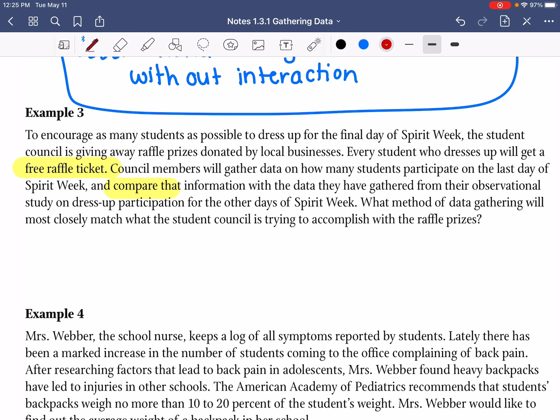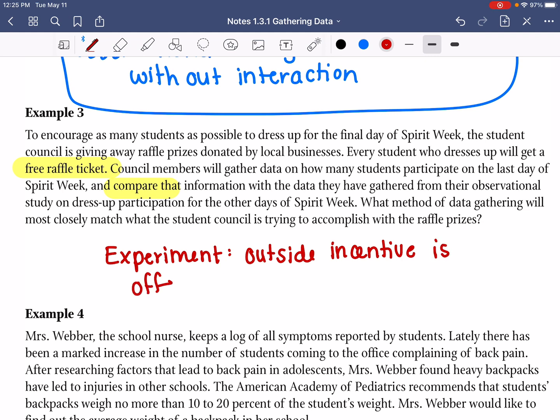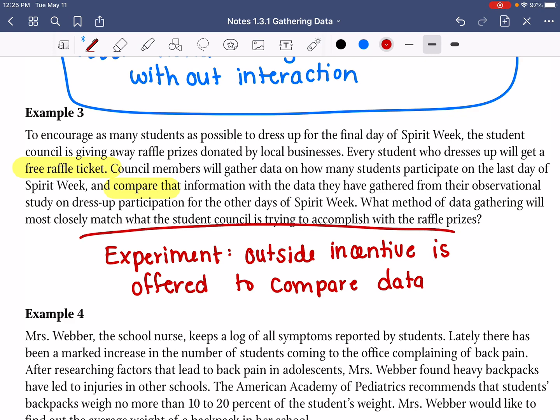They're giving some sort of outside incentive, that raffle ticket, and then they want to compare it to when they didn't give out the tickets. So an outside incentive is offered to compare data and see if those raffle tickets got participation to increase.